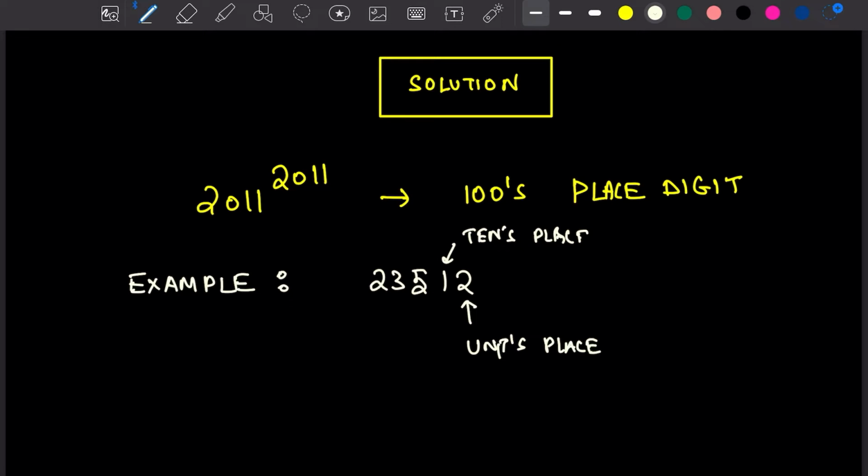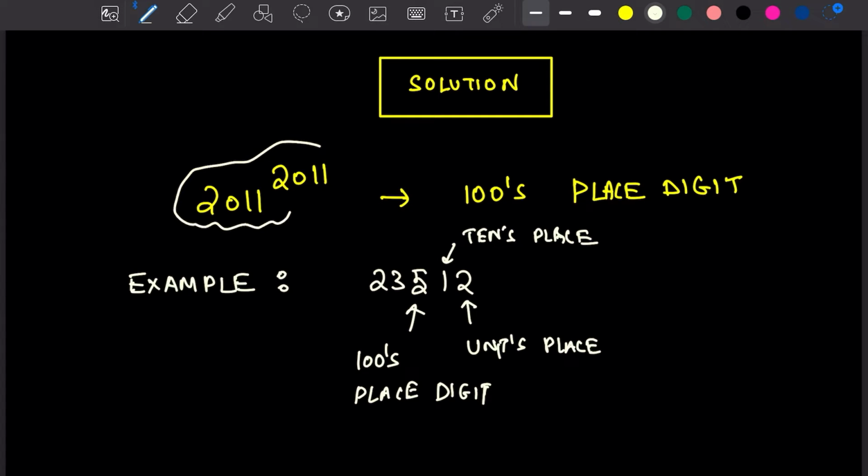And the third number from the right is known as the hundredths place digit. So that is what we are after. We want to find out that if we expand this expression, 2011 to the power 2011, if we actually multiply it out, what will be the hundredths place digit?